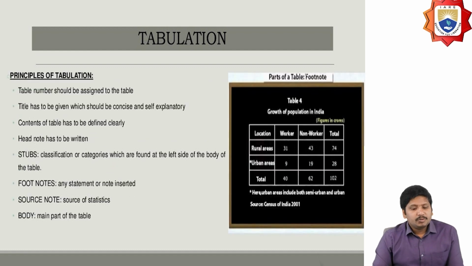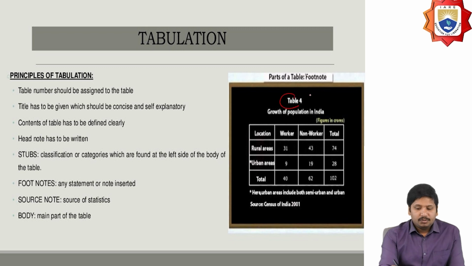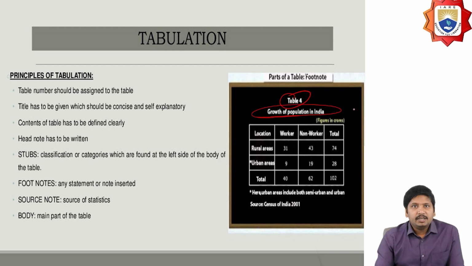Some of the principles of tabulation are that a table number should be assigned to the table, a concise title and explanation should be given, and the contents of the table should be clearly defined.